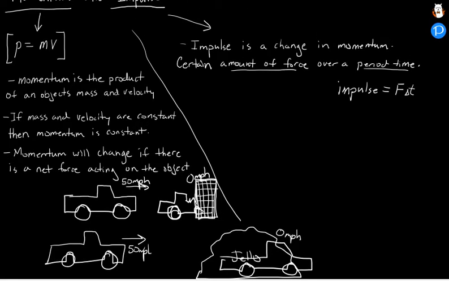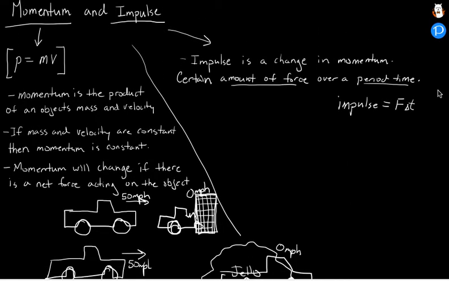Now watch this. Ready for some really impressive math? We're going to relate the impulse with the momentum through some pretty crazy math. We're going to take Newton's second law: force is equal to mass times acceleration.